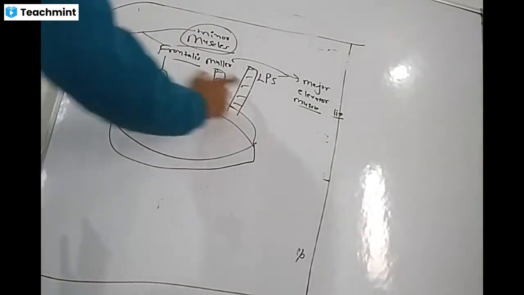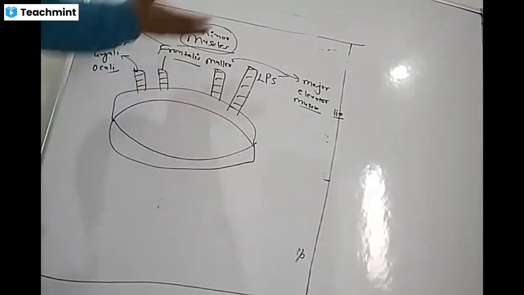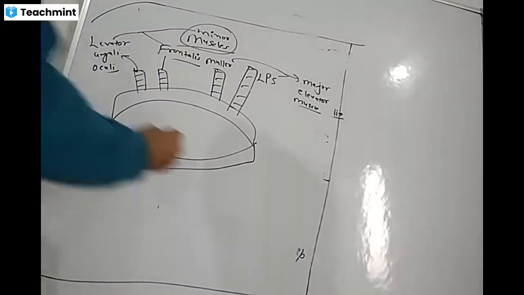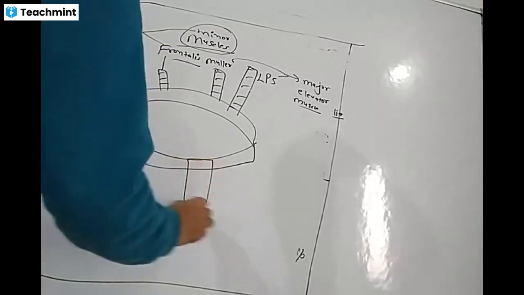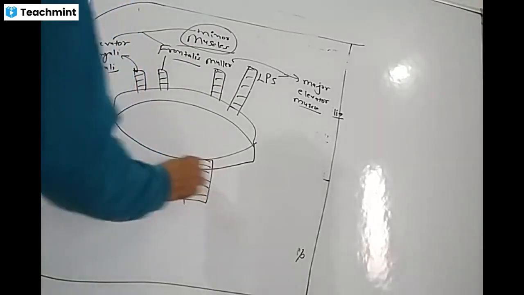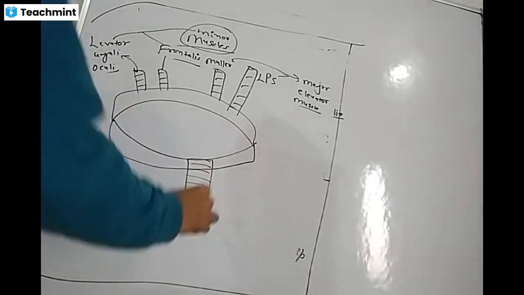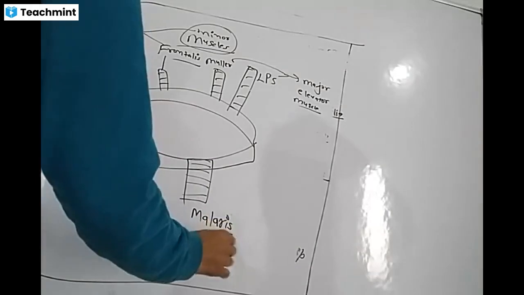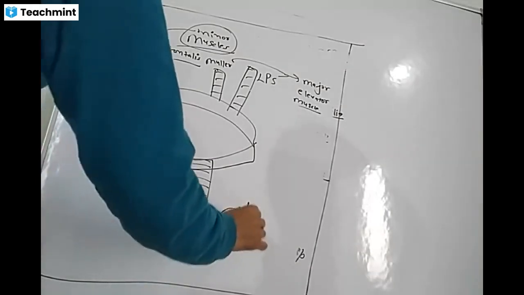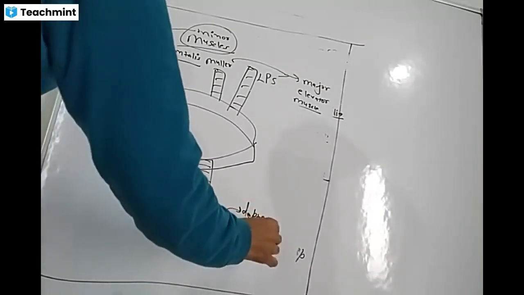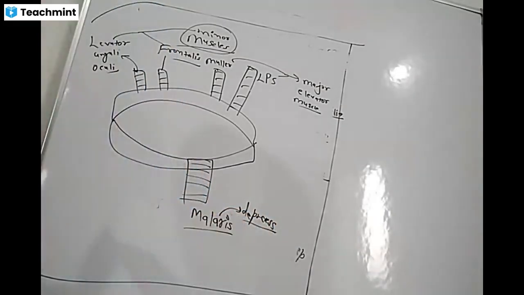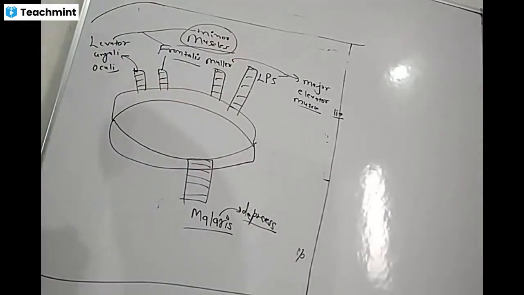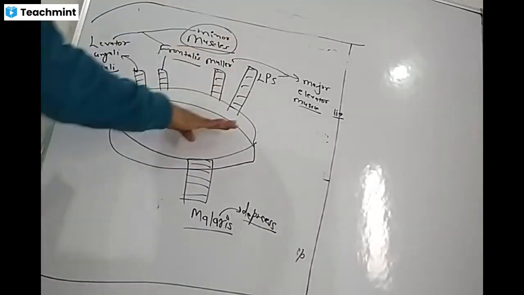So we have two major, two minor muscles to elevate the upper eyelid. Then this lower eyelid is having one muscle attached to it, and the name of this muscle is malaris. The role of this muscle is to depress the lower eyelid.